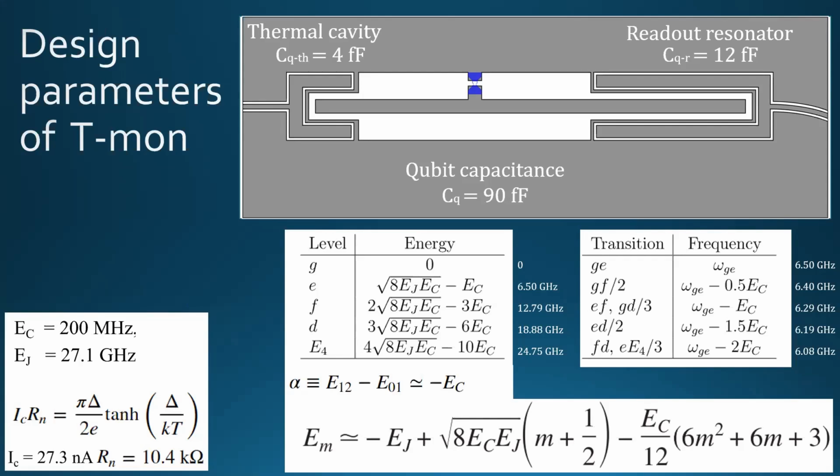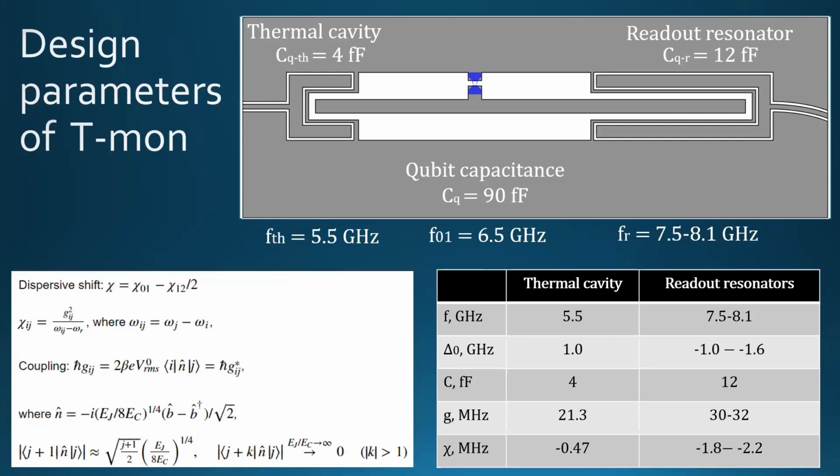And for a transmon qubit, the anharmonicity is minus EC, which was about 200 megahertz. So then I made quite big couplers.